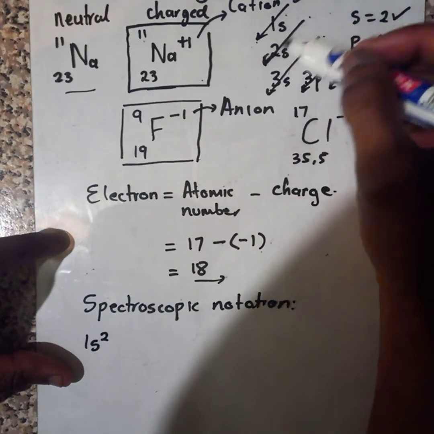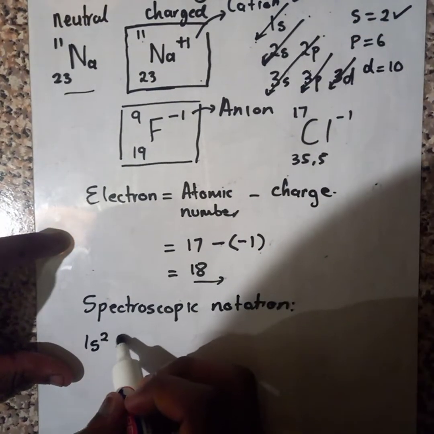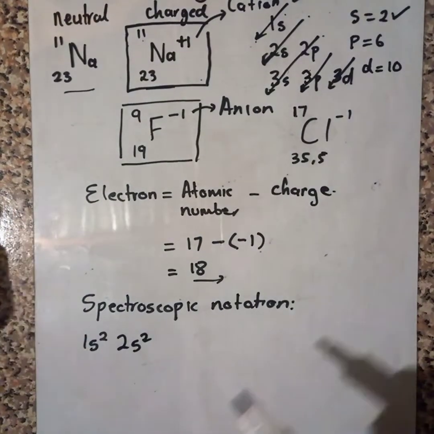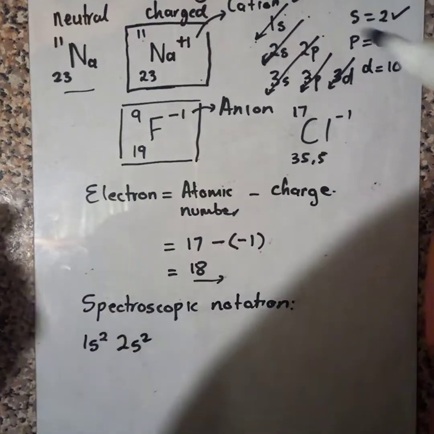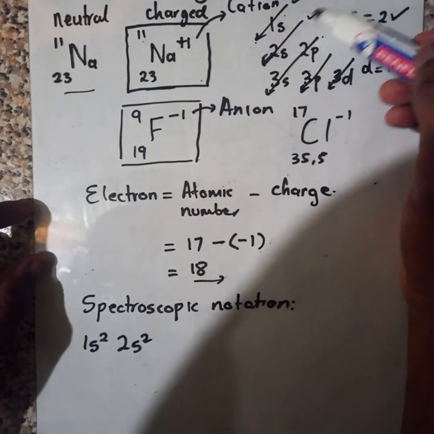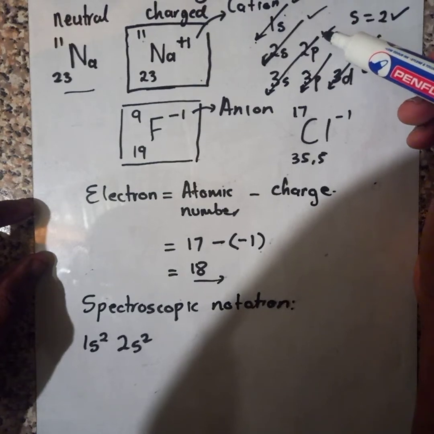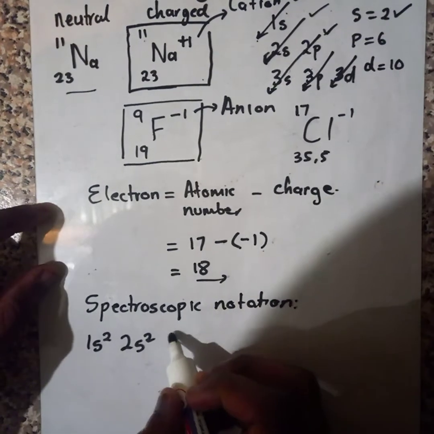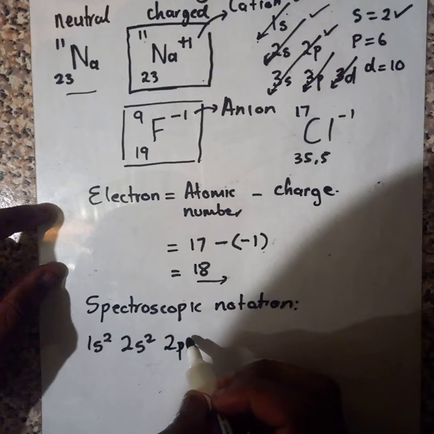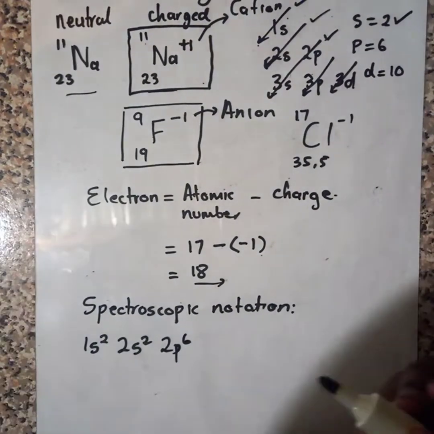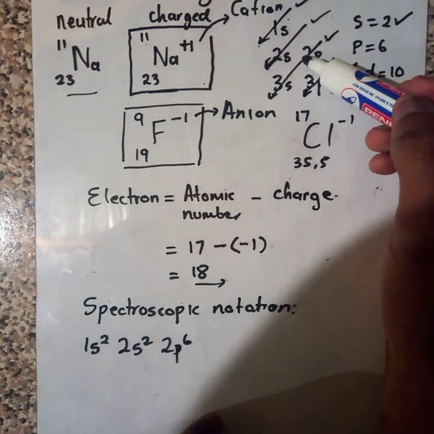The second one, 2s, can also take up to 2. At this point we have 4. We continue by going to the third one, which is 2p, can take up to 6. We have 10.